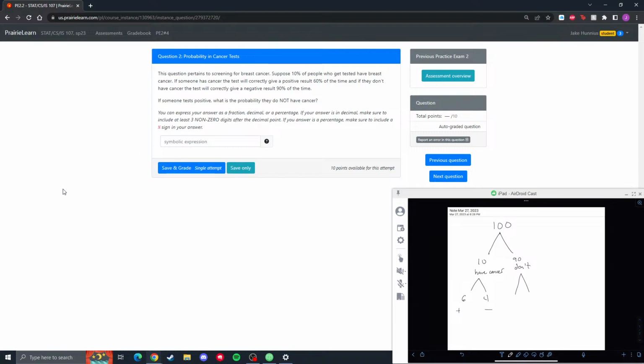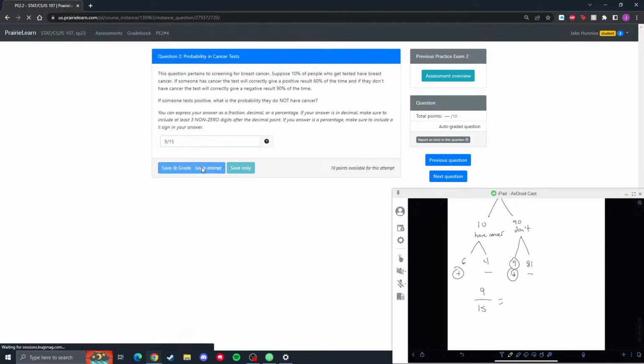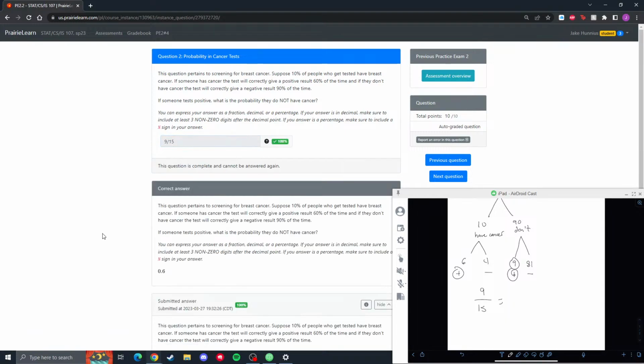For the 90 people that we have, 81 of them will be marked negative, and then 9 will be marked positive. So if somebody tests positive, what is the probability they do not have cancer? We can just take our 9 people who are marked positive out of our 15 total positive tests, and I get that by just adding the 2 positive tests together, and we should get 9 out of 15 is a correct answer.